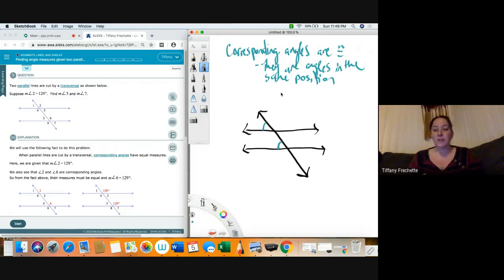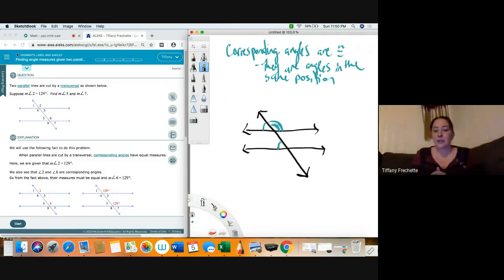So with that one too, it almost looks like you can take one and slide it right down into the other one. So I can do the same thing if I look at this side. So this kind of bigger angle on the other side here, I'm going to put two arcs so you know that it's not the same as these two.